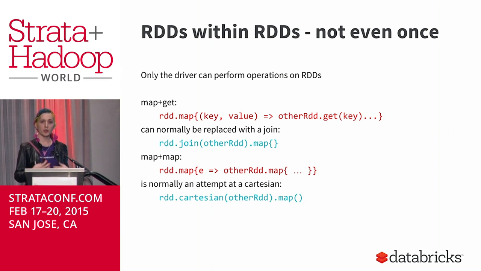Instead of that, we can just join these two RDDs together, and then map over the result. Another one is the map inside of the map, and that's the one which I tend to write when I haven't had enough coffee in the morning. The solution is we can do the Cartesian product in Spark, and then map over that. There are other cases like this, but it's important to remember that only the driver program can cause transformations or actions on RDDs, and we can't do it inside of other things that are executing on the workers.